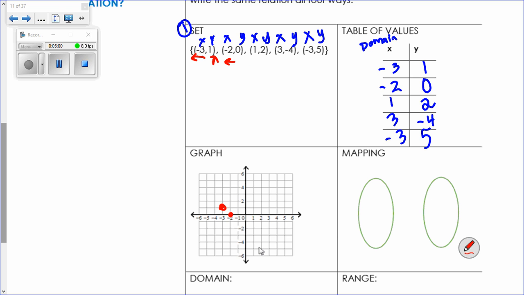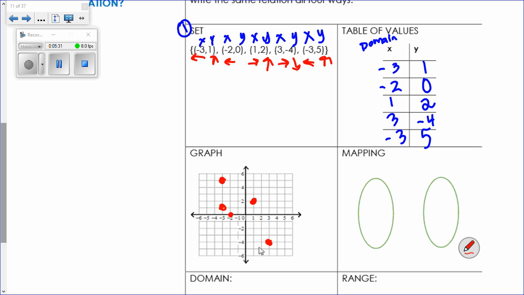Then right 1, up 2. Then right 3, down 4. Make my points. And for the last one, left 3, up 5. And there's the graph of these points.